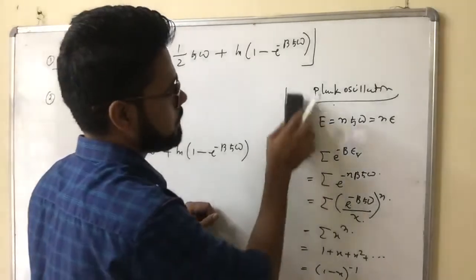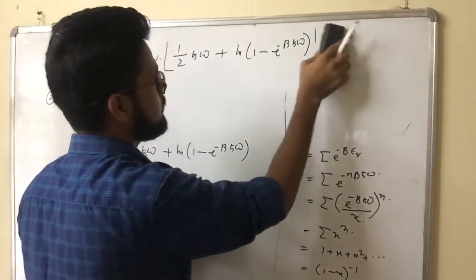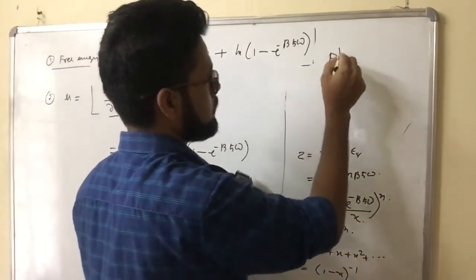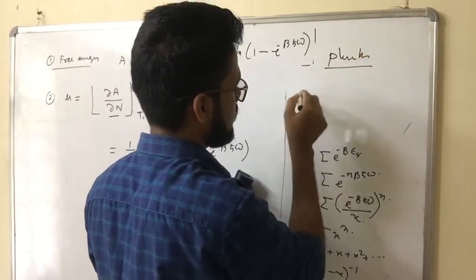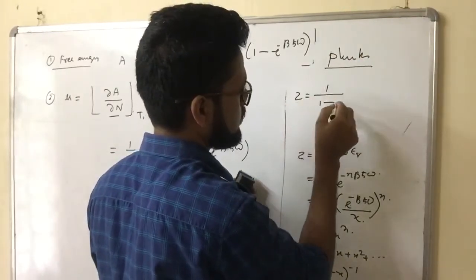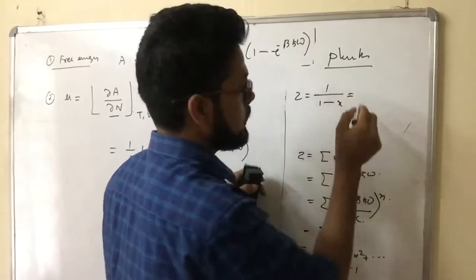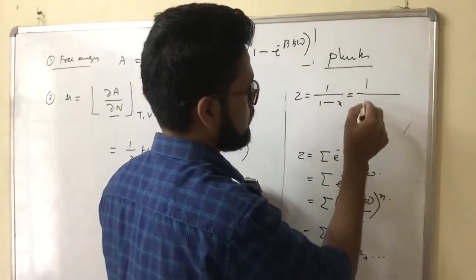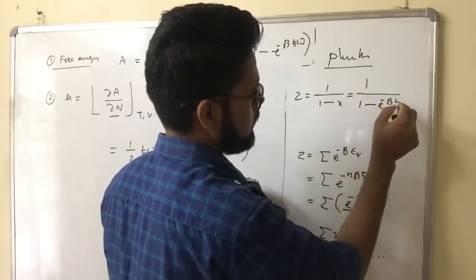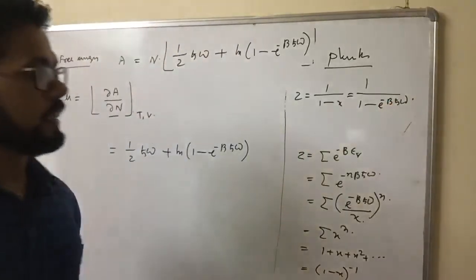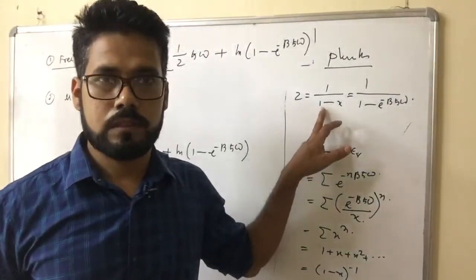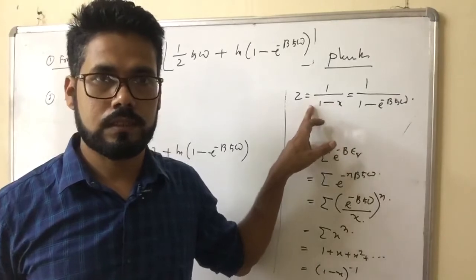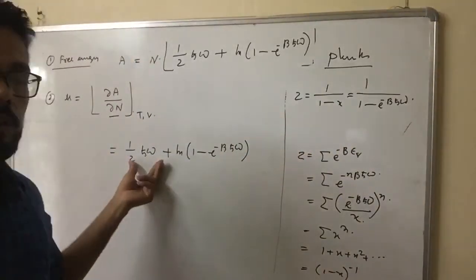So finally, for the Planck oscillator, I am getting the partition function 1 by 1 minus x, which is 1 by 1 minus e to the power minus beta h cos omega. This is the partition function for the Planck oscillator. Zero point energy is not considered, so that part will not be there.